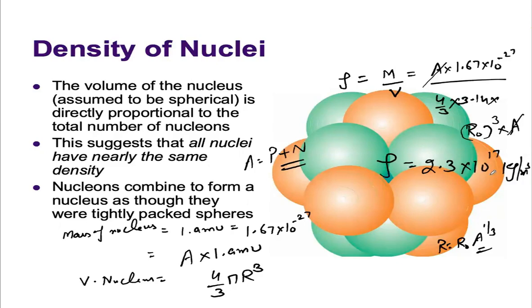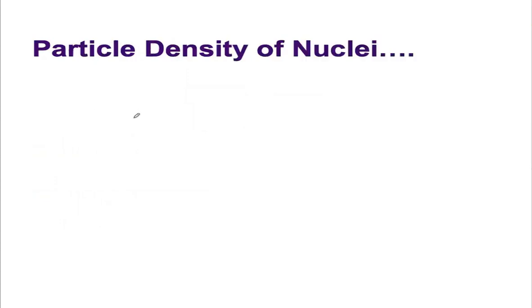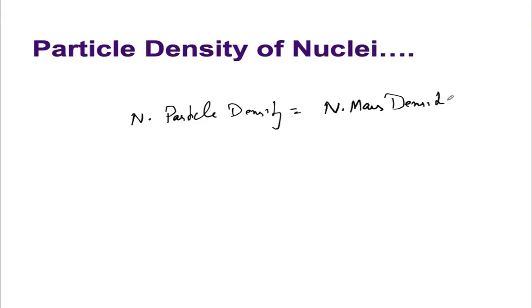So you can find the particle density from this. If I try to find the nuclear particle density, you can judge how heavy or how dense a nucleus is. The nuclear particle density is equal to the nuclear mass density over the nuclear mass.